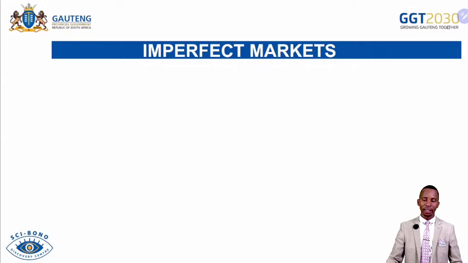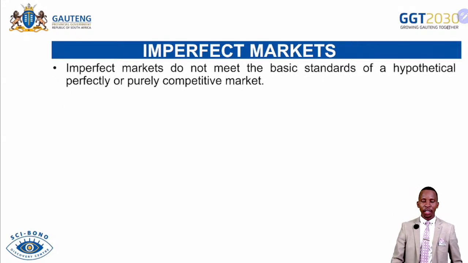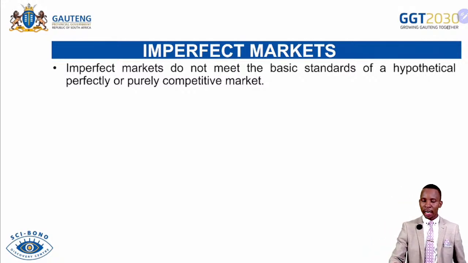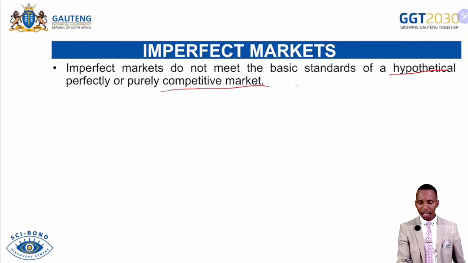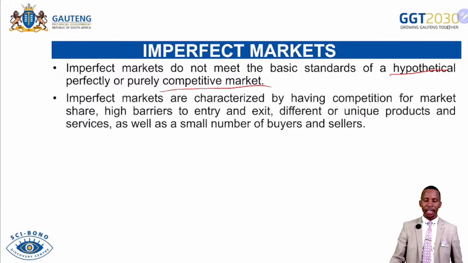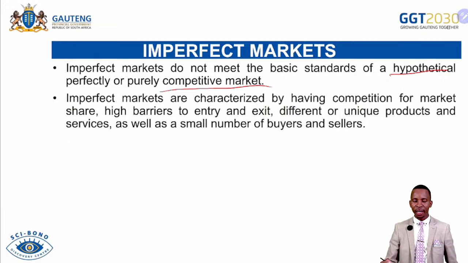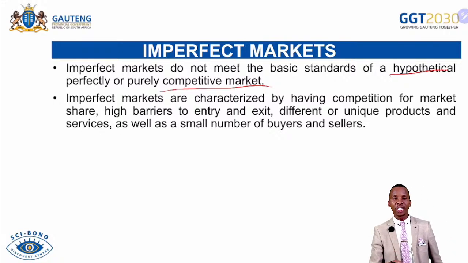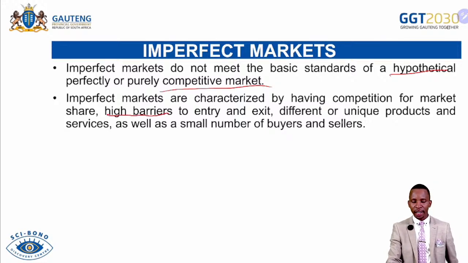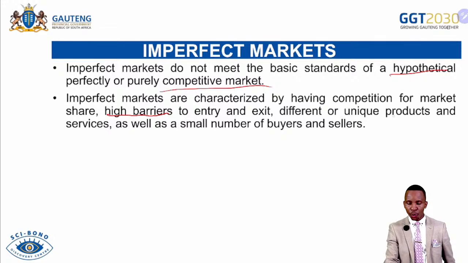So imperfect markets do not meet the basic standards of a hypothetical perfect market or purely competitive market. So it doesn't meet the conditions for the perfect market. That's why we call it an imperfect market. Imperfect markets are characterized by competition for market share. So they compete for consumers the most, and there are high barriers to entry, and different or unique products are produced.